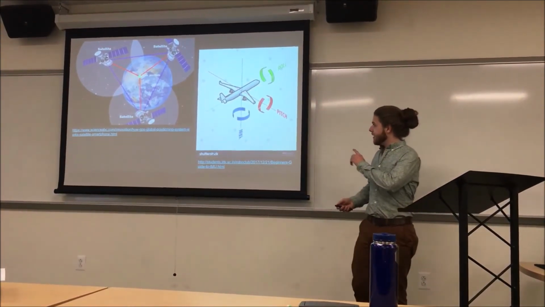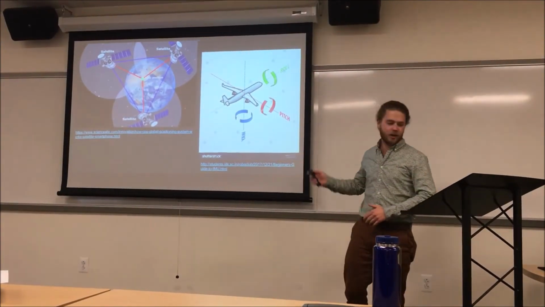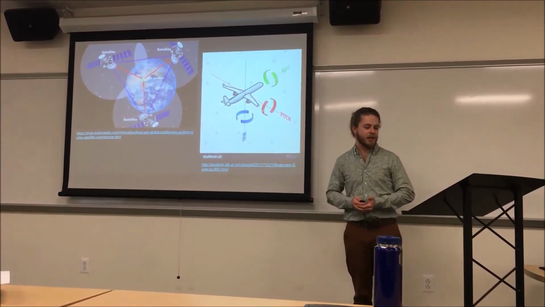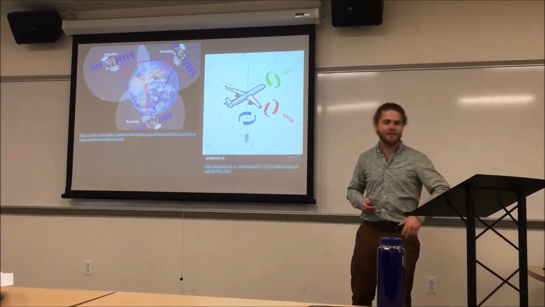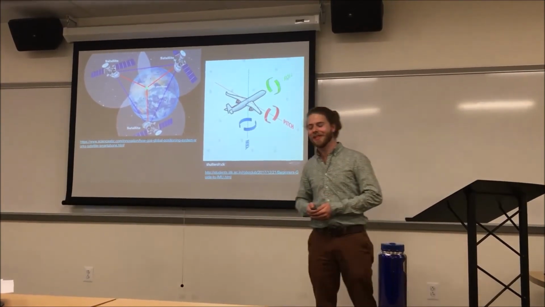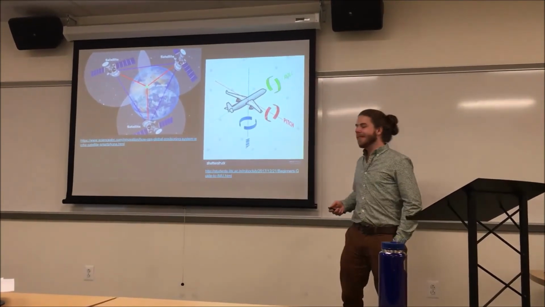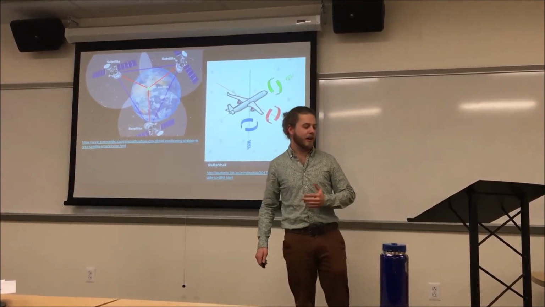And then, particularly in use with airplanes, LiDAR on airplanes, we have something called an inertial, hang on, I wrote it down. Yeah, IMU, it's an inertial measurement unit. And what this does is it acts very similarly to the gyroscopes and accelerometers on your phone.